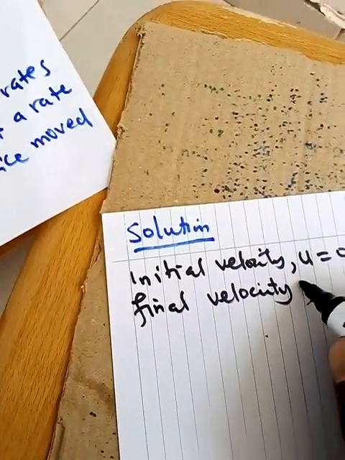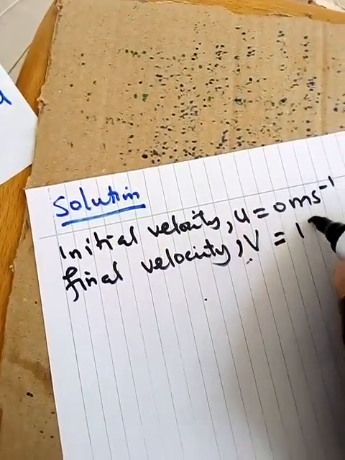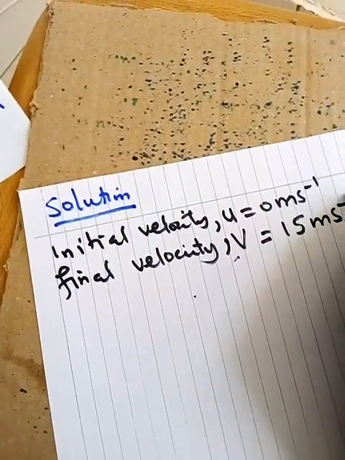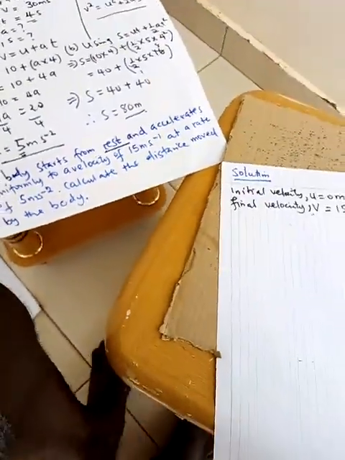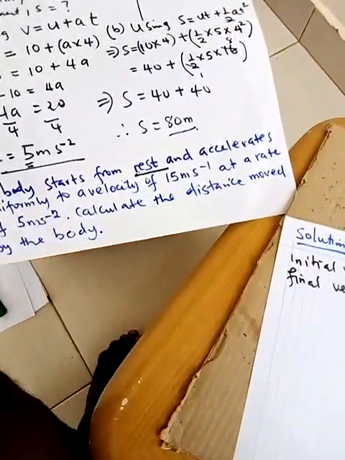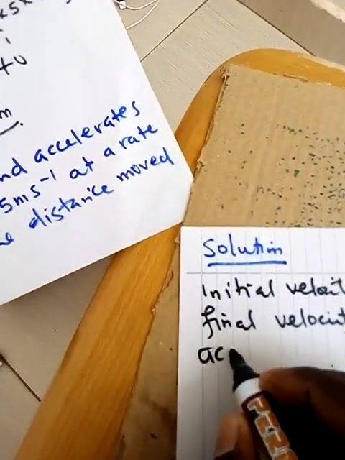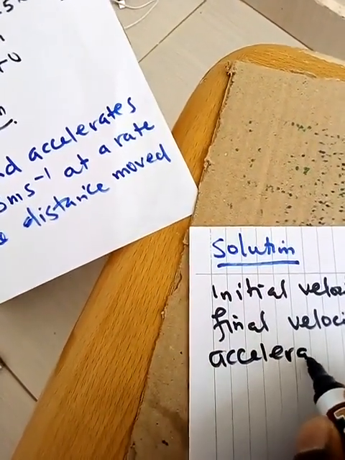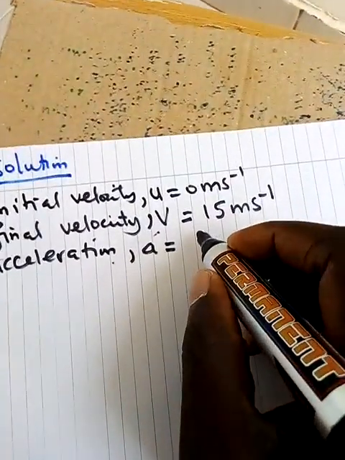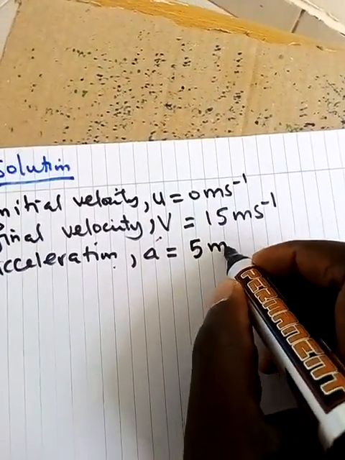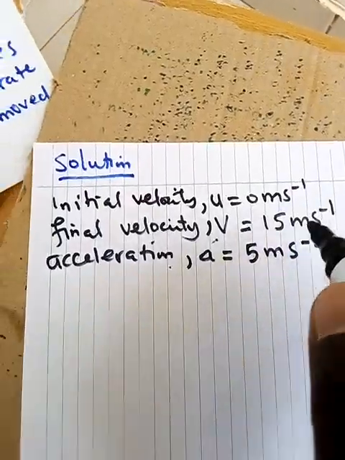Final velocity, which is v, is equal to 15 meters per second at a rate of 5 meters per second squared. That means our acceleration, which is A, is equal to 5 meters per second squared.